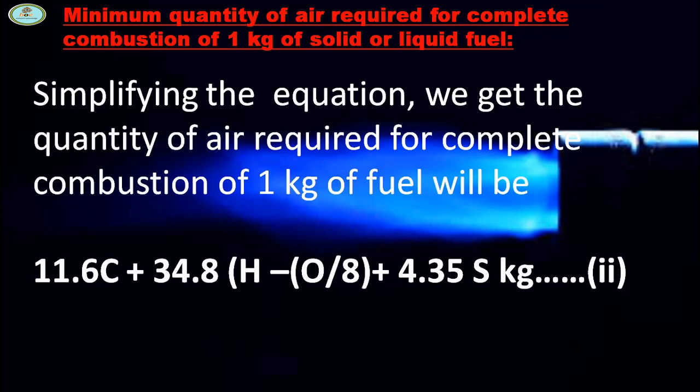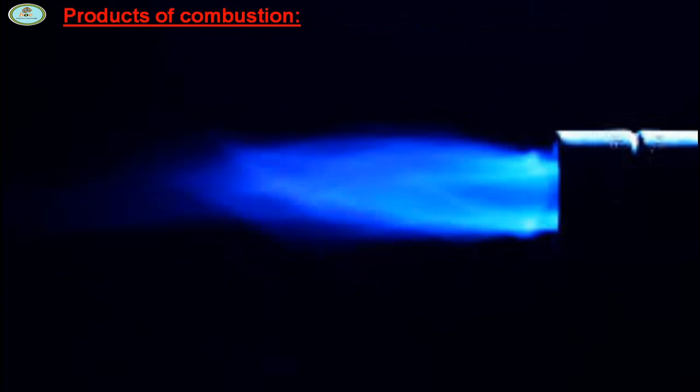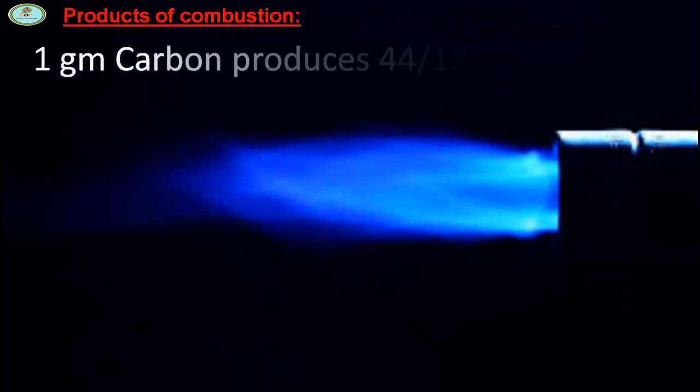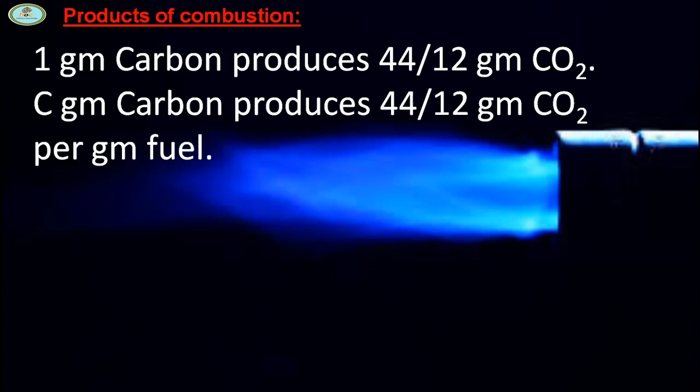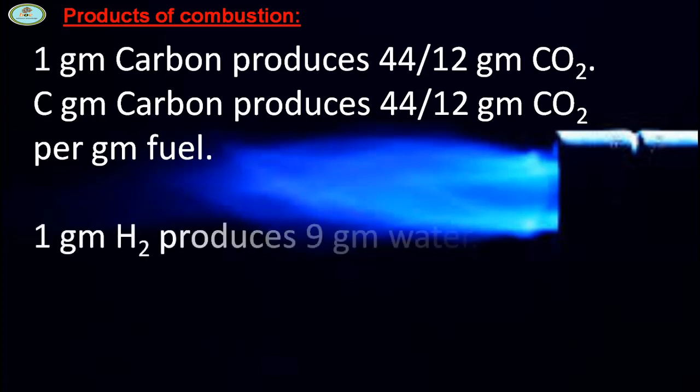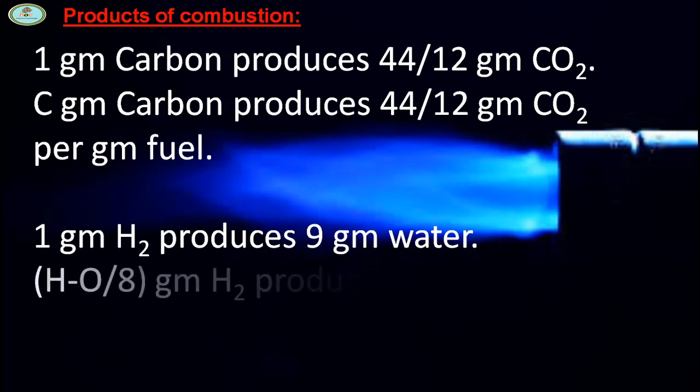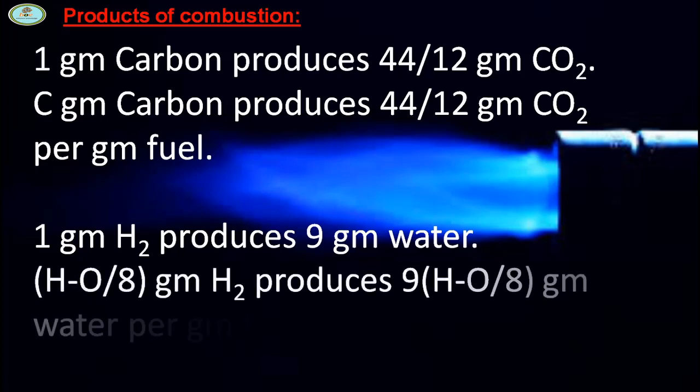This is equation 2. Products of combustion: 1 gram carbon produces 44 by 12 gram CO2. C gram carbon produces 44 by 12 C gram CO2 per gram fuel. 1 gram H2 produces 9 gram water. (H minus O by 8) gram H2 produces 9 into (H minus O by 8) gram water per gram fuel.